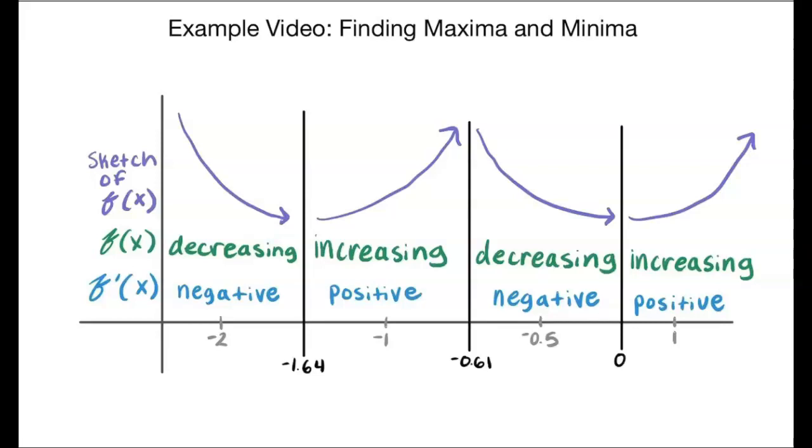When the function changes from decreasing to increasing, the critical point is a local minima, and when the function changes from increasing to decreasing, the critical point is at a local maxima. I get it. That means that the point -1.64 is a local minima, -0.61 is a local maxima, and 0 is a local minima. Exactly.